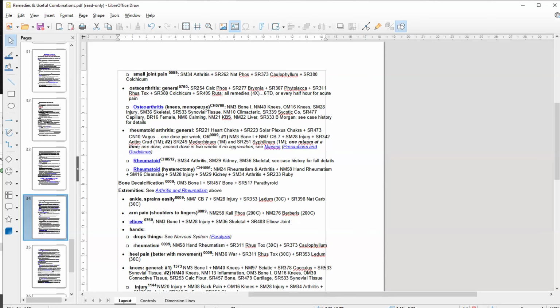When you come across menopause, there is a likelihood of bone weakness. For that reason, what we can take, I already said NM3, NM40, OM16, OM28, skeletal system, synovial tissues, like that. All these numbers, I will supply you the Excel sheet.